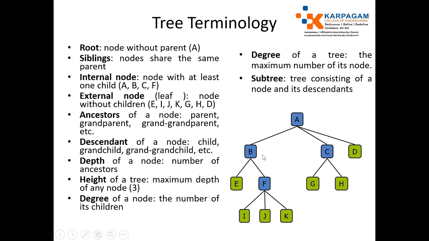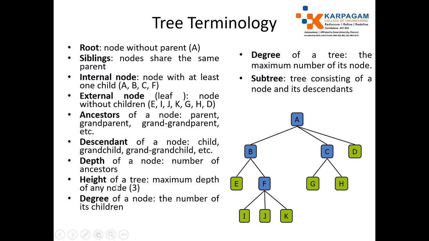F, B, A are the ancestors for the node K. So the depth of node K is 3. Can you tell the depth of node A? Because the node has no parent, the depth of node A is 0.